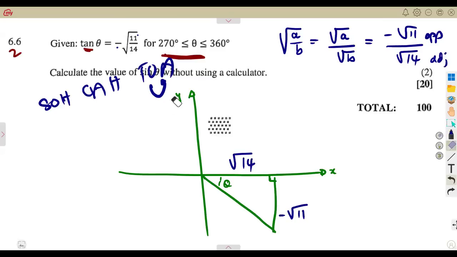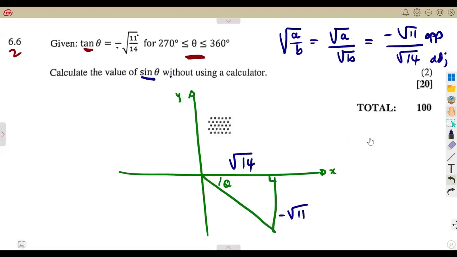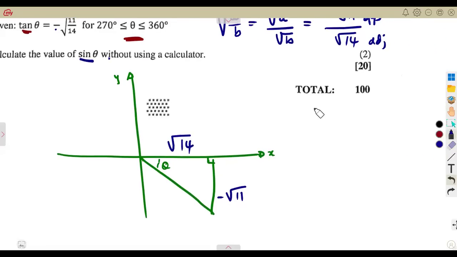So the question was, with this information, calculate the value of sine theta without a calculator. To obtain the sine of theta from our SOHCAHTOA, we saw that sine of theta is opposite over the hypotenuse. So definitely we need the opposite and also the hypotenuse, which we do not have.